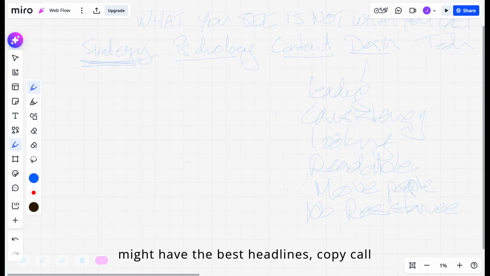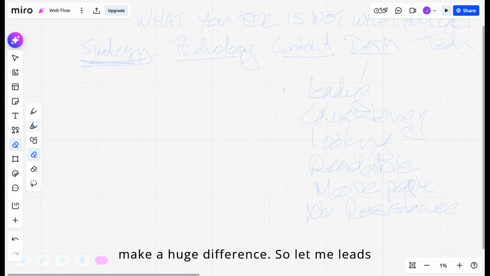You might have the best headlines, copy, call to actions, offer, whatever it is in the world, and if the design sucks, that still makes it really, really hard. You're not going to get the same conversion as if you've got all those things, a great headline, a great offer, etc., and a really great design that pulls people in and takes them through to the offer. It's going to make a huge difference.